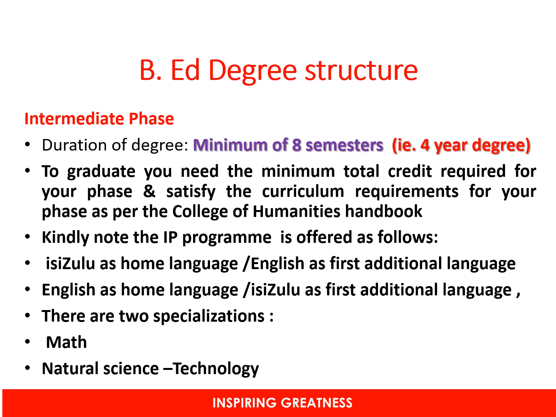Please note that this program has the language option, meaning a student can select to either do the program in isiZulu home language with English as their FAL, or English as home language and isiZulu as FAL. We have 2 specializations, a mathematics specialization and a natural science technology specialization.